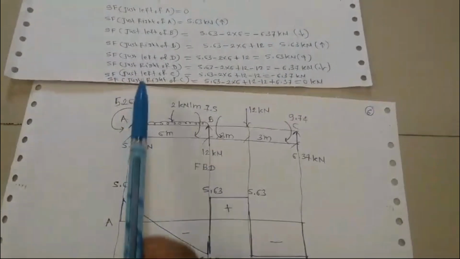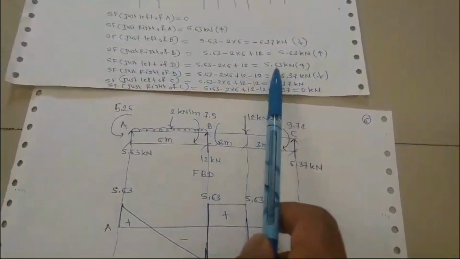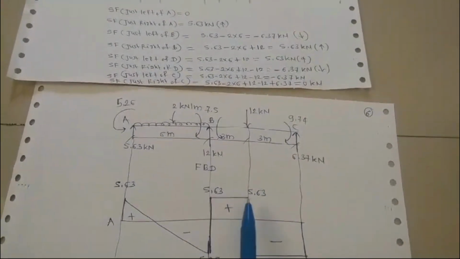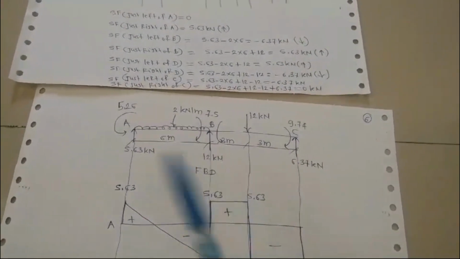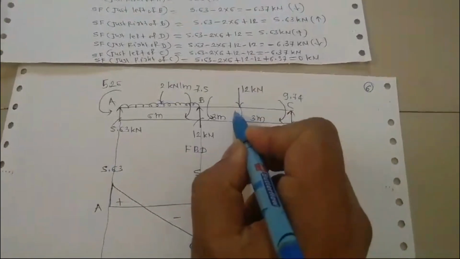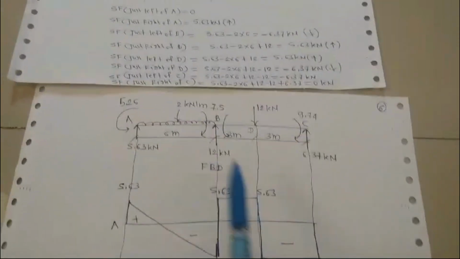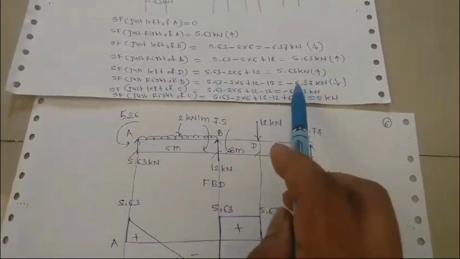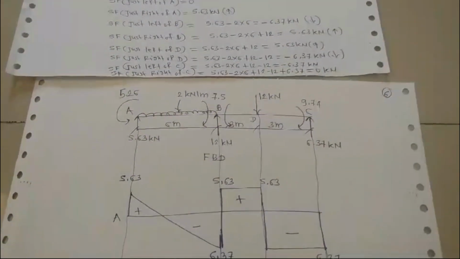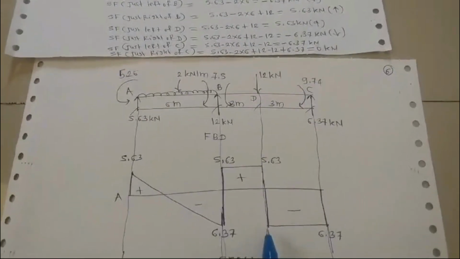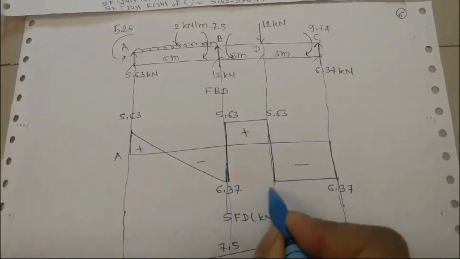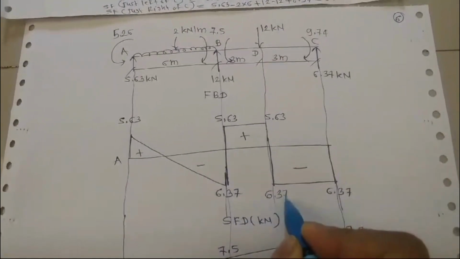Now you can see just left of D the value is 5.63. You can see this point is point D. So just left of D it is 5.63, and just right of D it is minus 6.37.